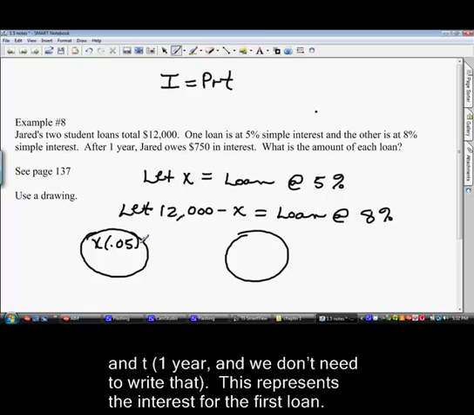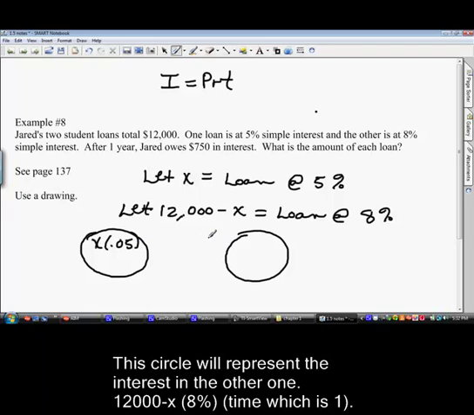So if we're going to multiply by 1, we don't even have to write that down. If it had been a 2, we would need to write times 2 here. But since we're talking about 1 year, we don't have to actually write that. This circle represents the interest for the first loan. Principal times rate times time, which is 1. This circle will represent the interest in the other one.